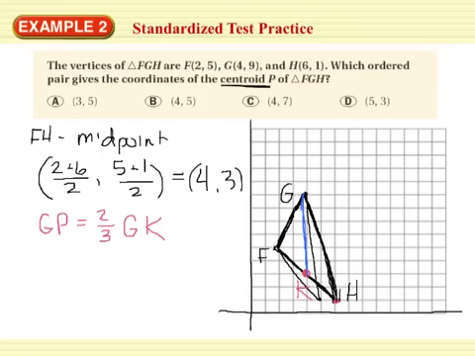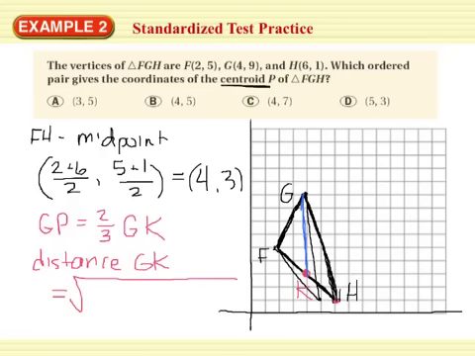The centroid is 2/3 of the distance from each vertex to the midpoint of the opposite side. So let's do the distance. What is the distance of GK?